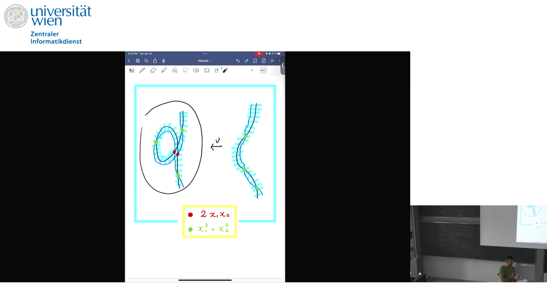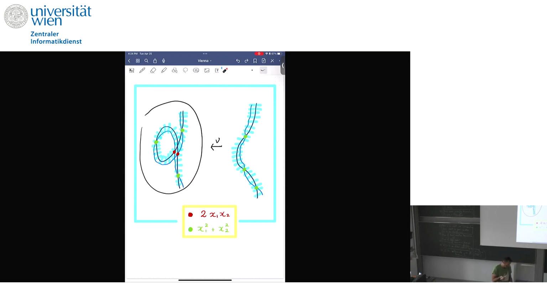Because if you think of this as an immersion rather than an embedding, the time parameter for the dark blue here is very different from the time parameter for the light blue here, and the trajectories come there at different points. So you would not see these red points in the abstract motion, but you'd see them here. And so you have two kinds of intersections that contribute to the self-intersection of this divisor.